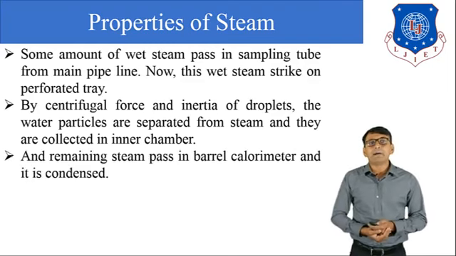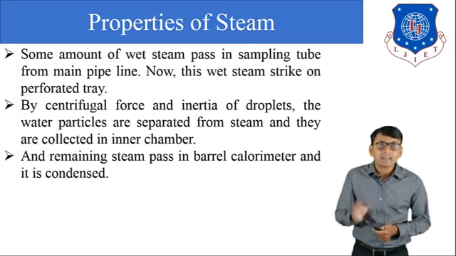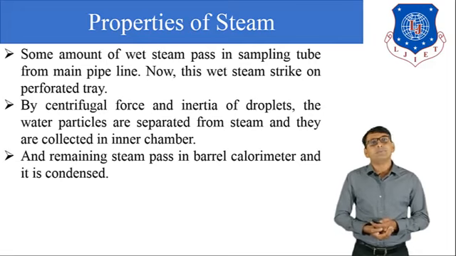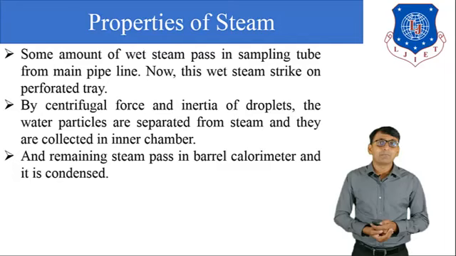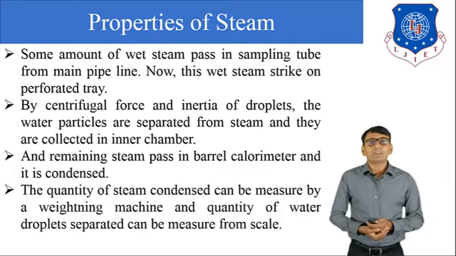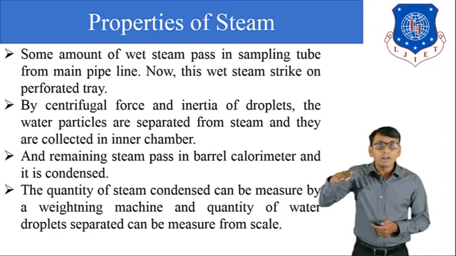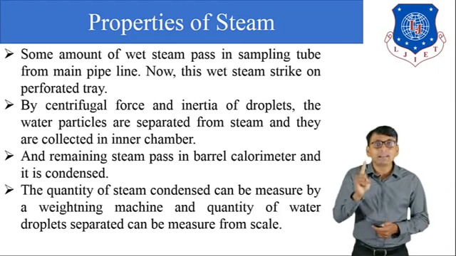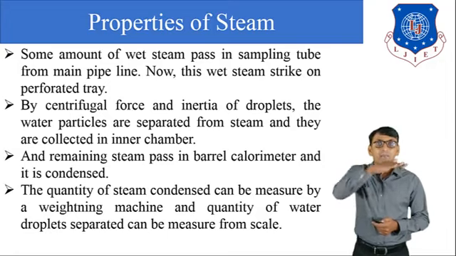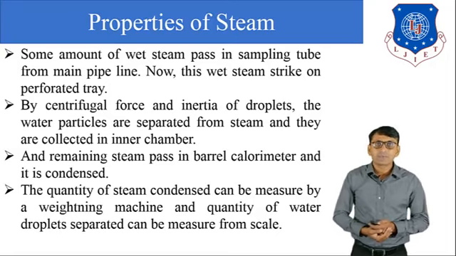The remaining steam passes into the barrel calorimeter, denoted by MS, and is condensed in water, so the mass of water increases, which is measured by the weight measuring machine. The quantity of steam condensed is measured by the weight measuring machine, and the quantity of water droplets collected in the inner chamber is measured by the measuring scale.